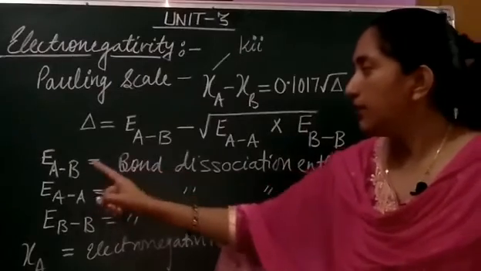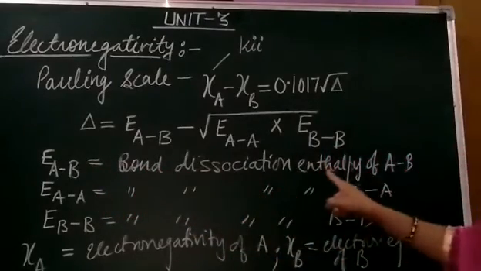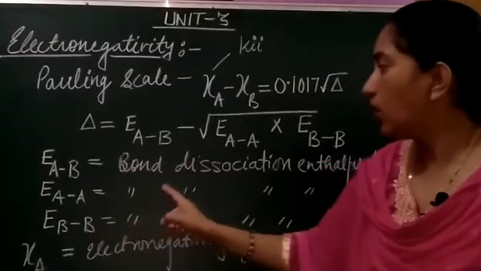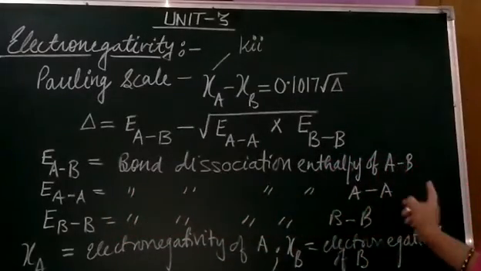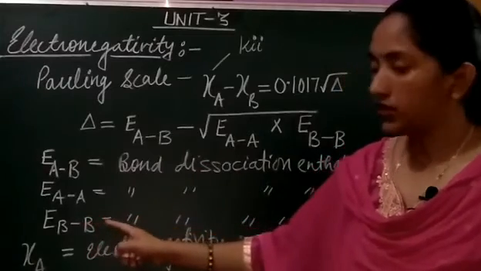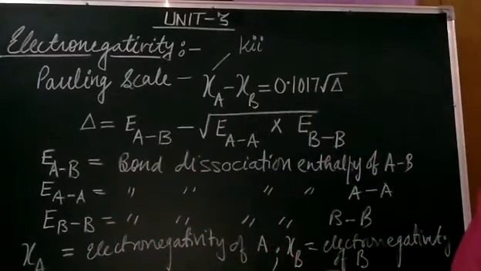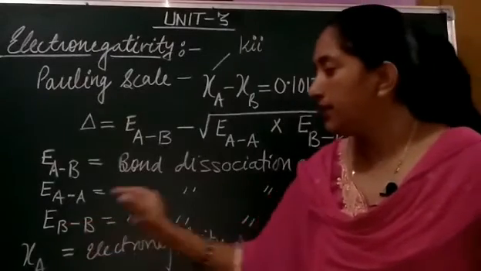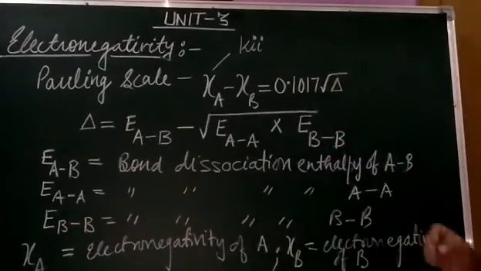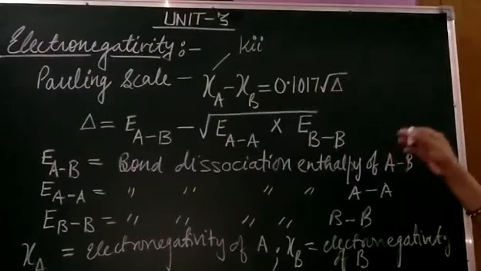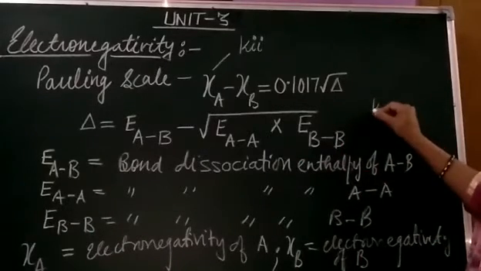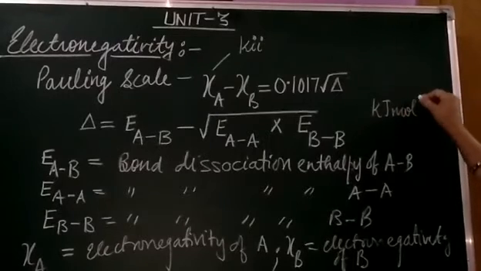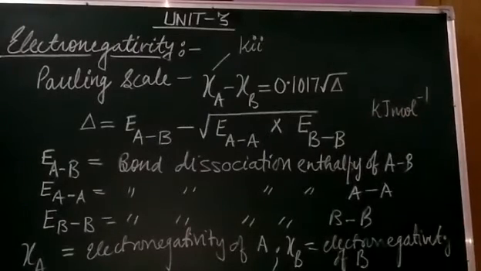Now here E(A-B) denotes the bond dissociation enthalpy of the A-B bond, E(A-A) denotes the bond dissociation enthalpy of the A-A bond, and the bond dissociation enthalpy of the B-B bond is denoted by E(B-B). And students, this bond dissociation enthalpy is expressed in kilojoule per mole, right?